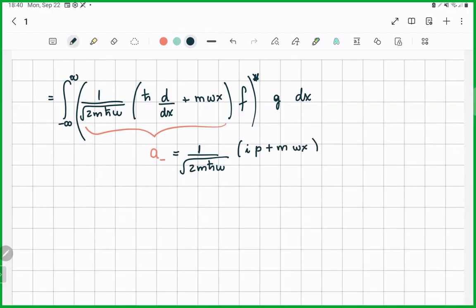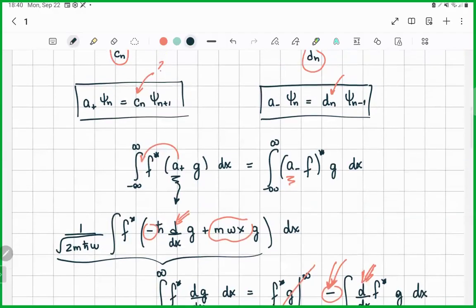So that's exactly what is written above, remembering that this operator is h bar over i d/dx. So very good. We proved what we wanted. So this relationship, which is going to be very useful, has just been proven.